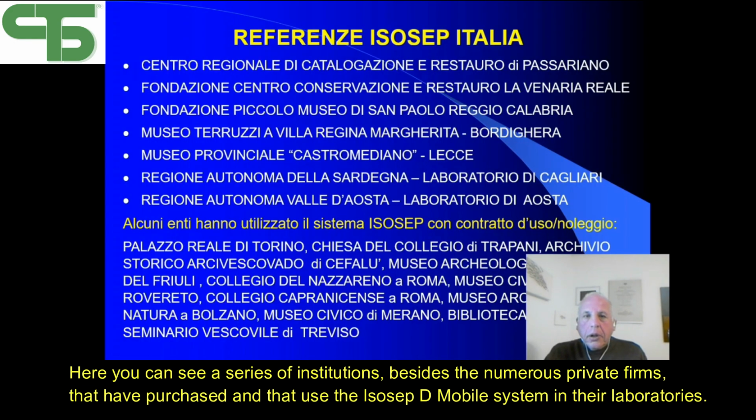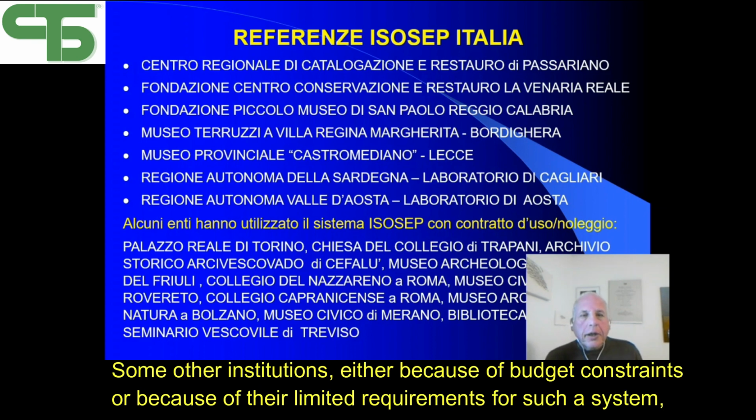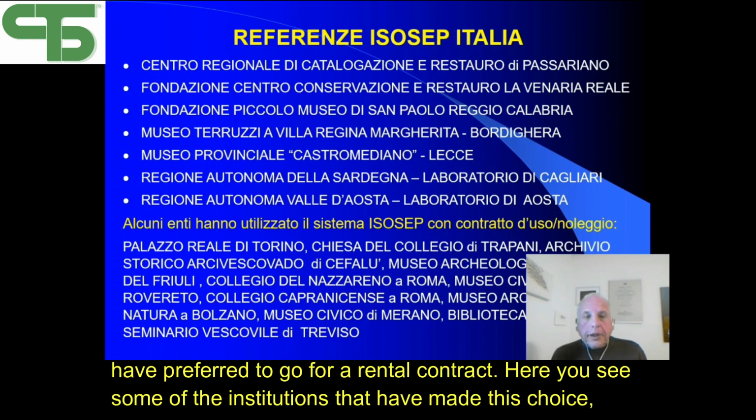You can see a series of institutions beside the numerous private firms that have purchased and used the ISOCEP-D Mobile system in their laboratories. Some other institutions, either because of budget constraints or because there are limited requirements for such a system, have preferred to go for a rental contract.